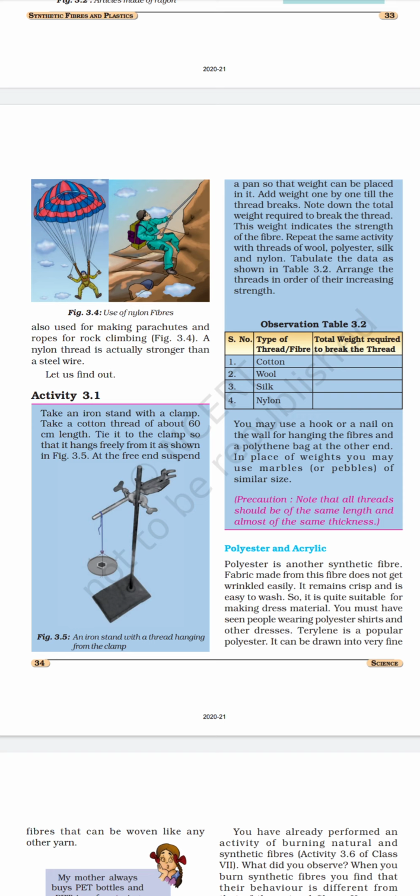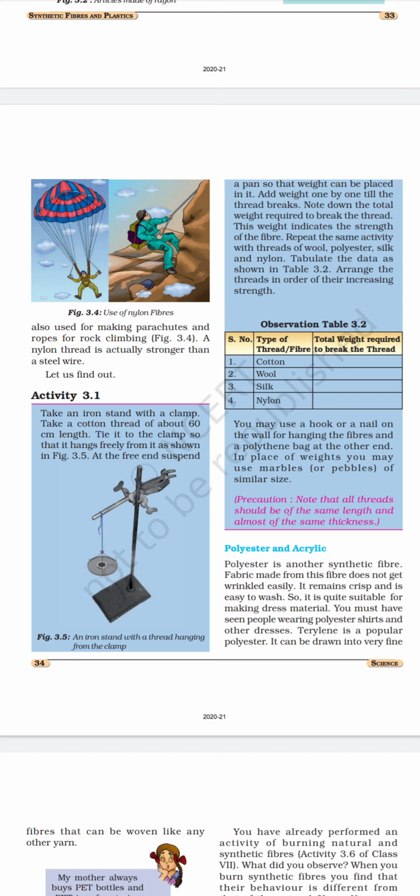Now I will explain an activity which will show how good these synthetic fibers are in their strength. You can see on page number 34, activity 3.1. What is in that activity?